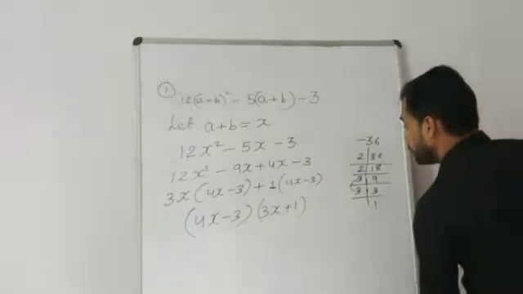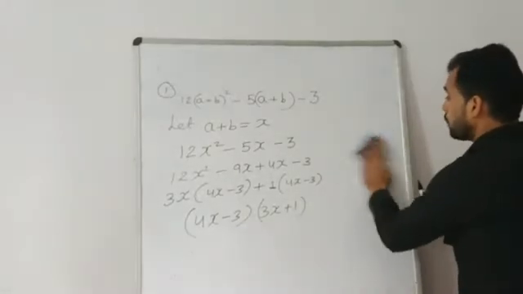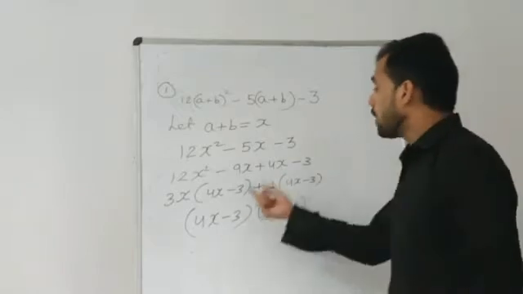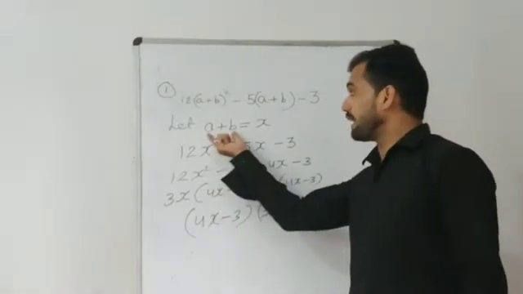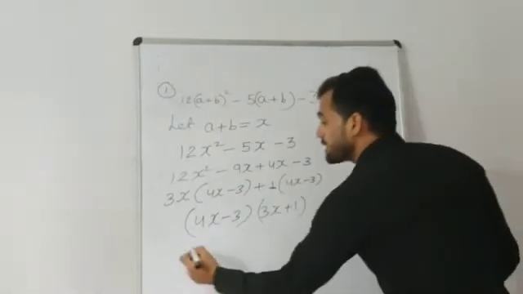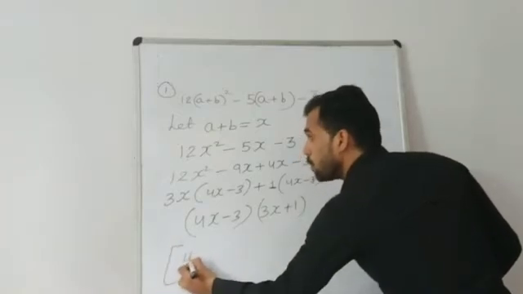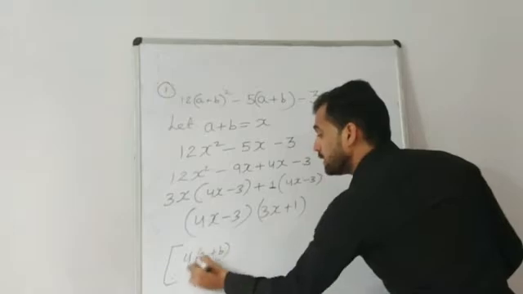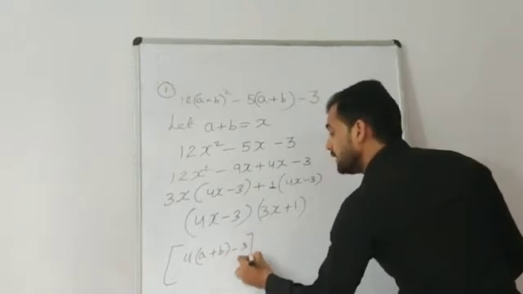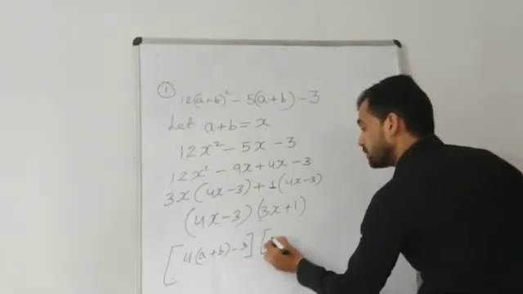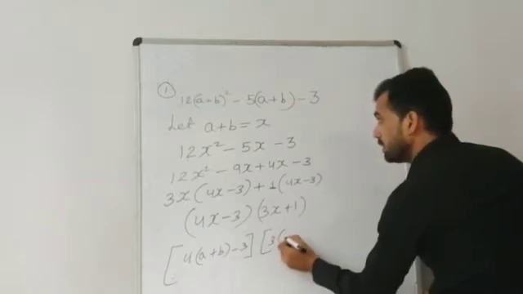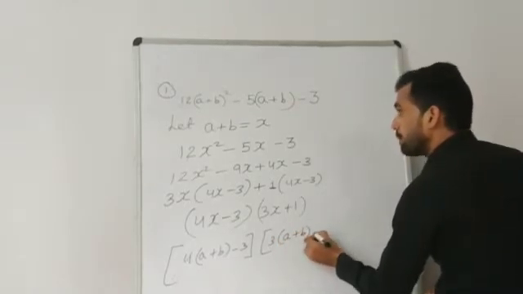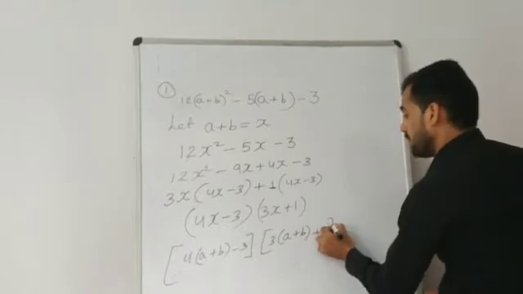Now what will we do? We will further solve for the value of a + b. In place of x we had a + b, so we will put the value of x here: 4(a + b) minus 3, and 3(a + b) plus 1.